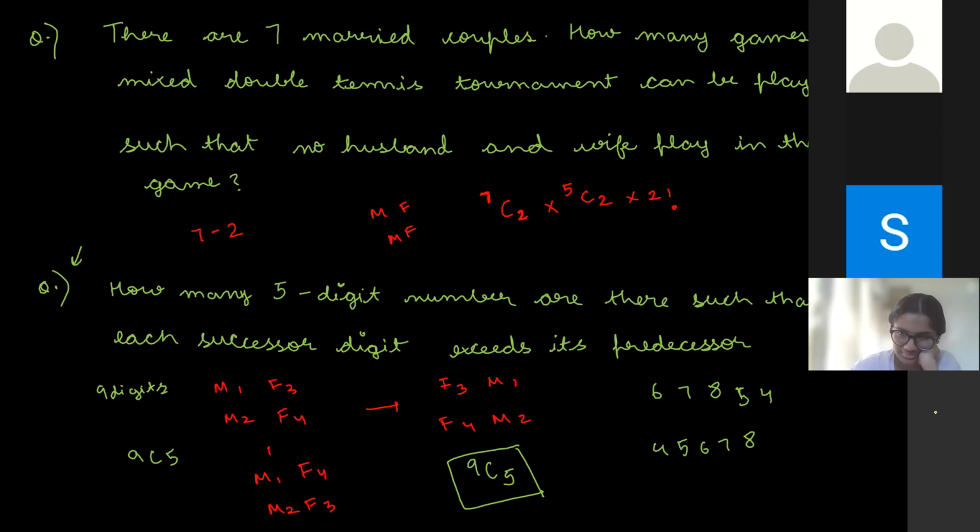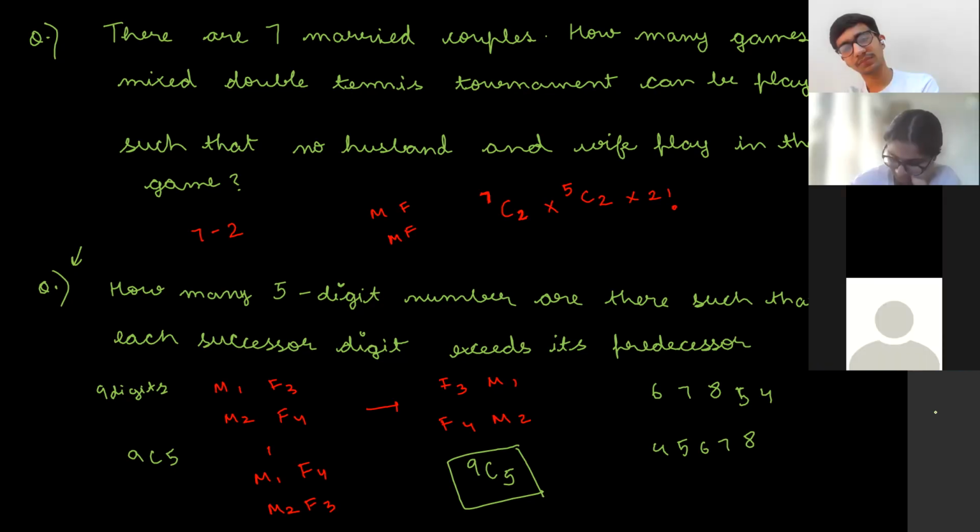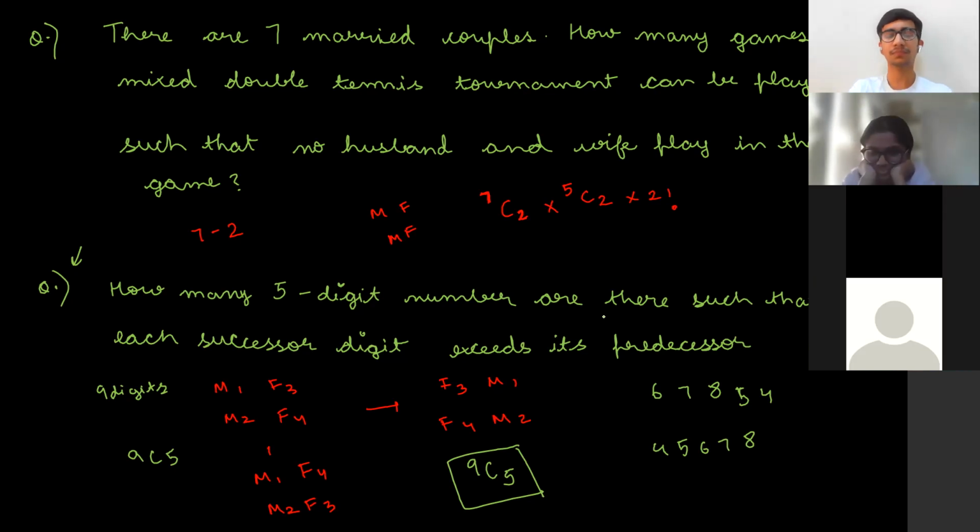Okay, so we have 9 digits in total because we want a 5-digit number and 0 cannot be in the starting. And we want each successor to be exceeding its predecessor. So first part में 0 cannot be there. So we can have 1 से लेके 9 तक digits. If we select any 5 digits out of the whole 9 digits, then there is only one way to arrange it in the ascending order.